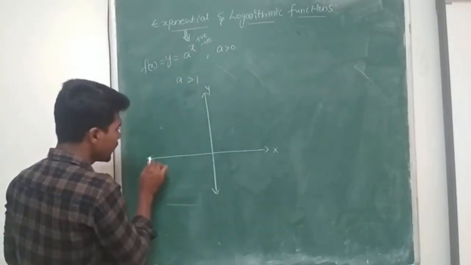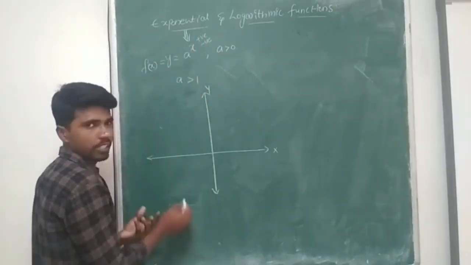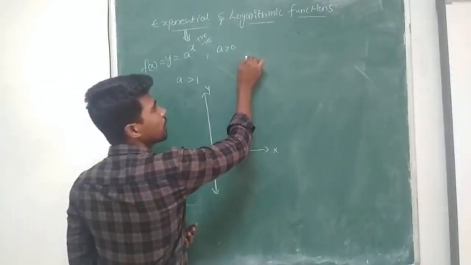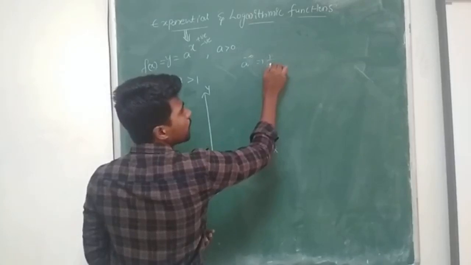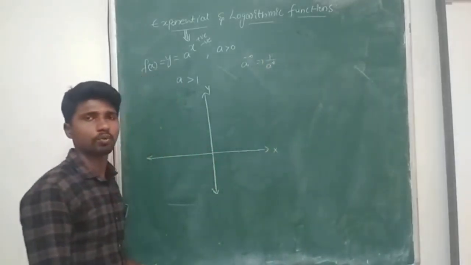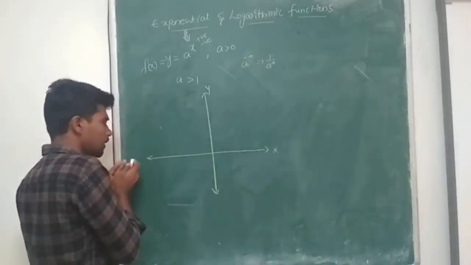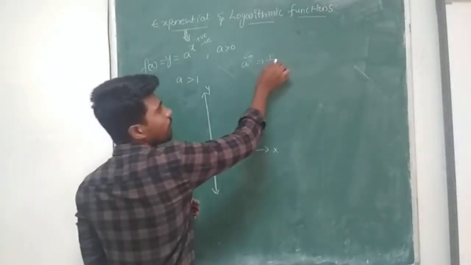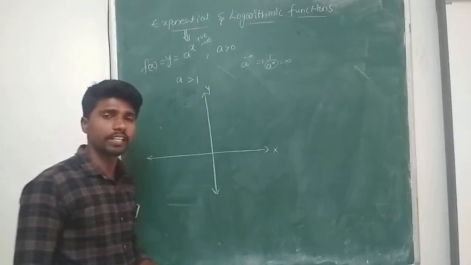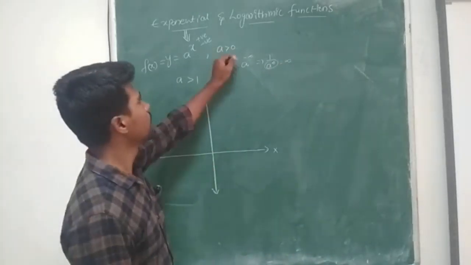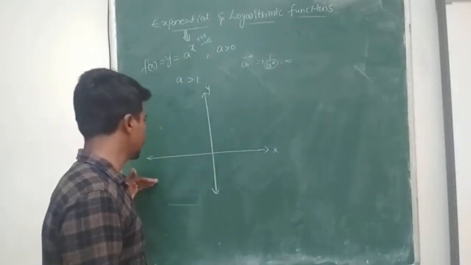If I take negative values, nothing but a power minus infinity, then what do we get? 1 by a power infinity. What a power infinity is nothing but approaches infinity, where the value of x approaches infinity.